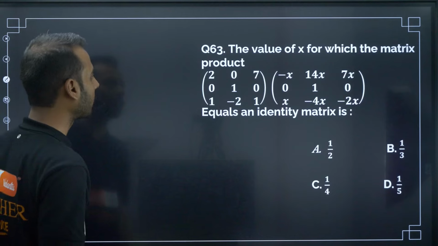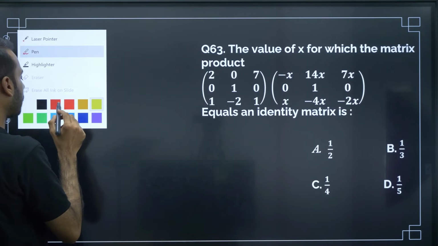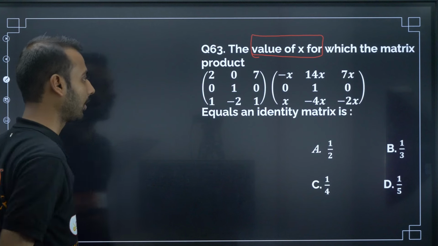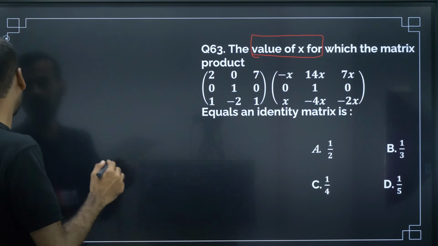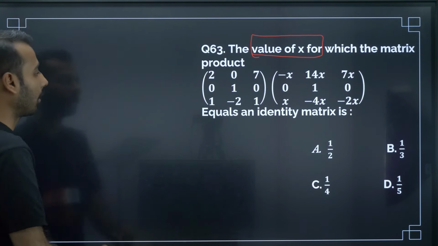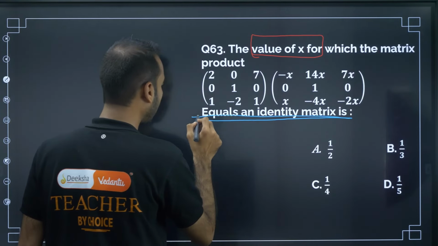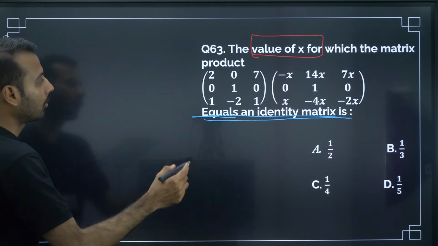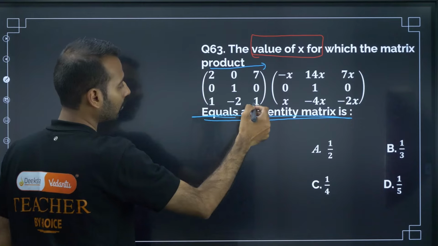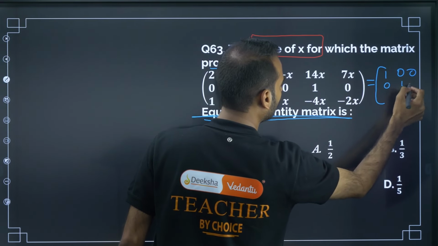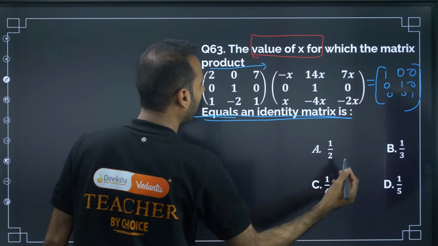The value of x for which the matrix product equals an identity matrix is. So what are they asking? The value of x for which the matrix product equals an identity matrix. So this equals an identity matrix means this is 1 0 0, 0 1 0, 0 0 1, all this.